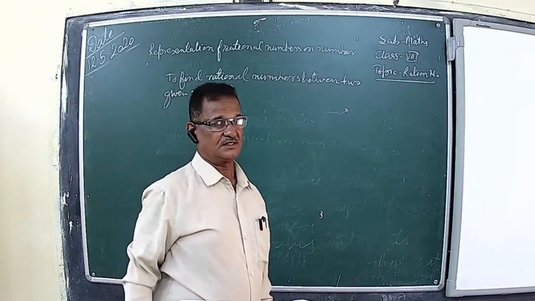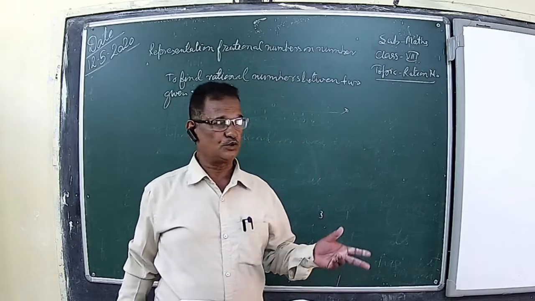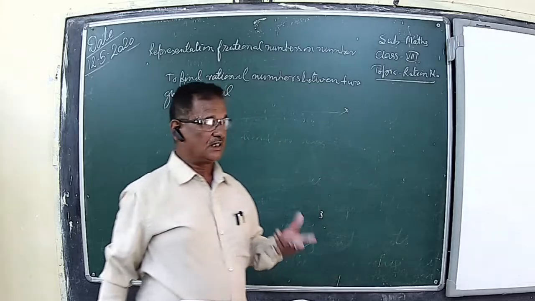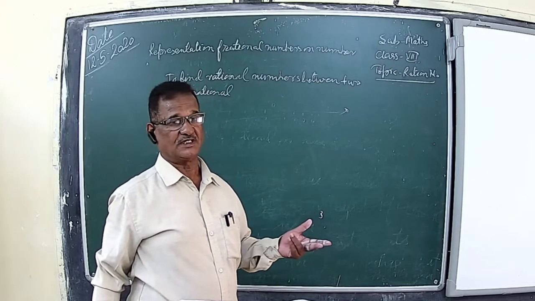There are two methods to find a rational number between two given rational numbers. First, by changing the given rational numbers into equivalent rational numbers with the same denominator.